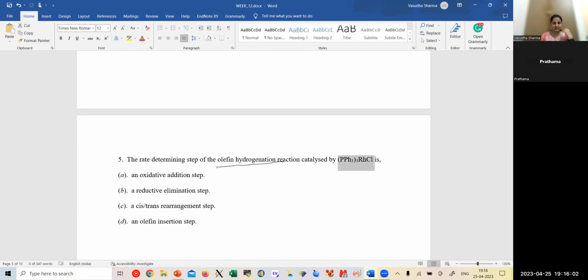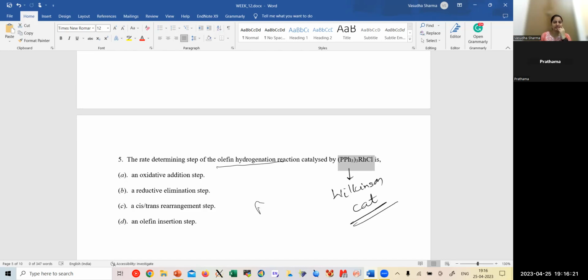So बहुत सारी चीजें आ जाएंगी. So this is your Wilkinson catalyst, and now it is asking which one is the rate determining step. कौन सा स्टेप जो है वो rate determining step होता है in case of the Wilkinson catalyst.